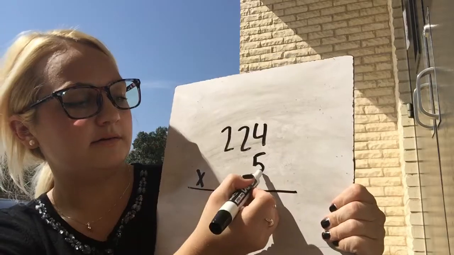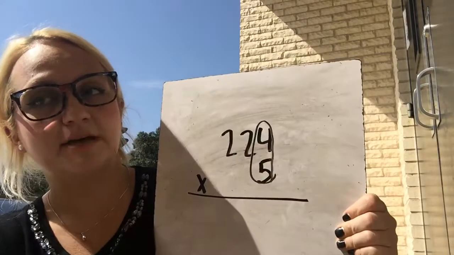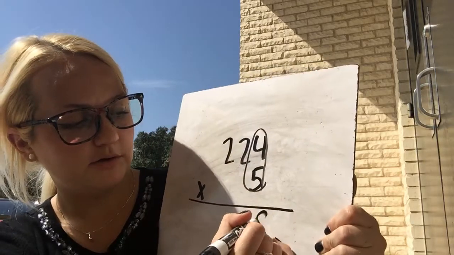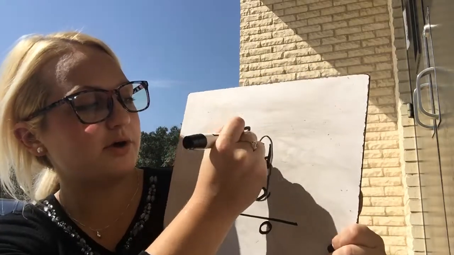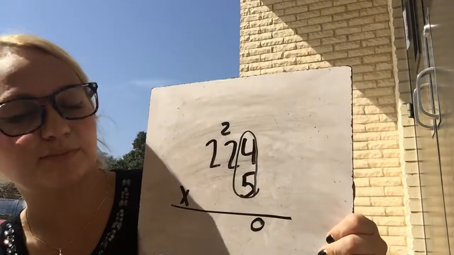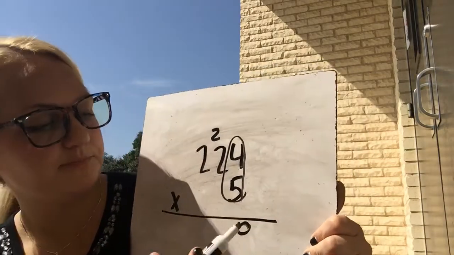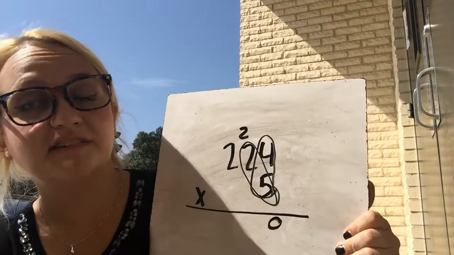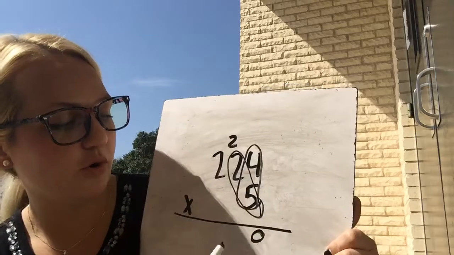Step 1, 5 times 4. 5 times 4 is 20. You put your 0 and you carry up your 2. Why? Because the 2 goes into the tens place. It doesn't stay in the ones place. 5 times 2. 5 times 2 is 10. Plus 2 more is 12.